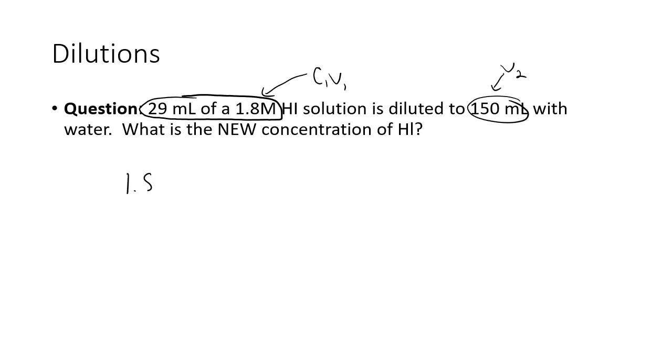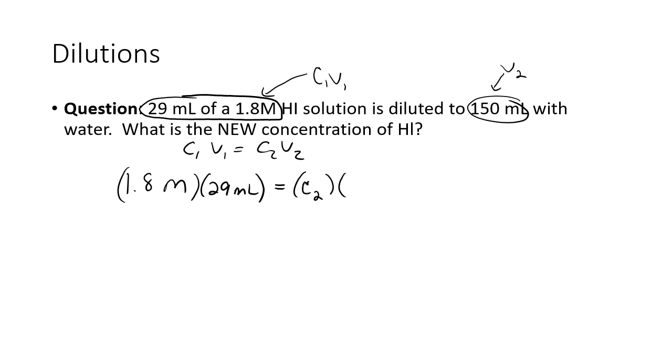So concentration 1 is 1.8 molar. It's 29 milliliters of solution. And it's going to be diluted down to a new concentration, which we'll call C2, and the volume that we want to go down to is 150 milliliters.